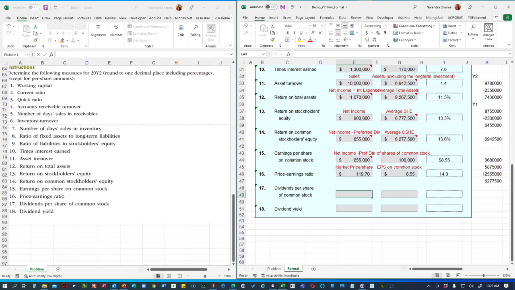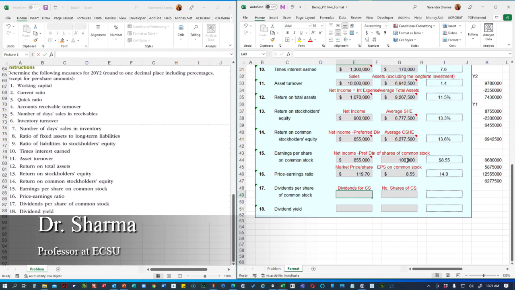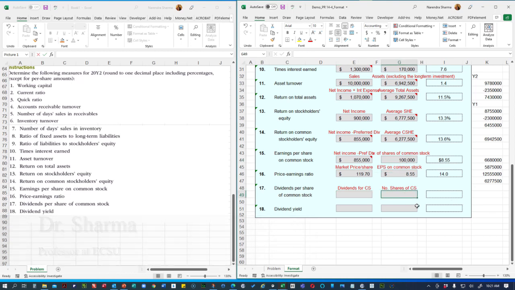Now we're on to number 17 ratio. 17 ratio is basically dividend per share of common stock. So what we are going to do is look at the dividends for common stock and the number of shares of common stock. We already know the number of shares. We calculated here for 15, so we can just bring that down, 100,000.